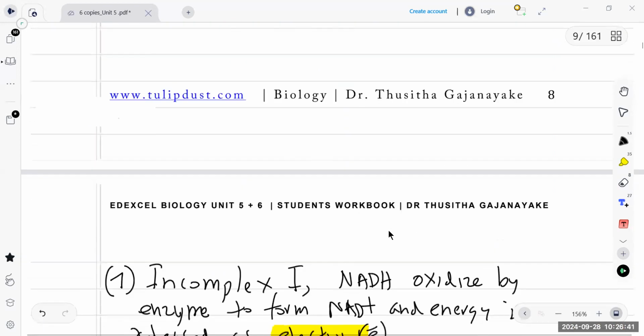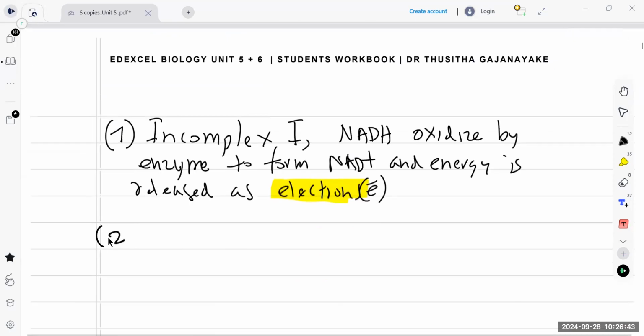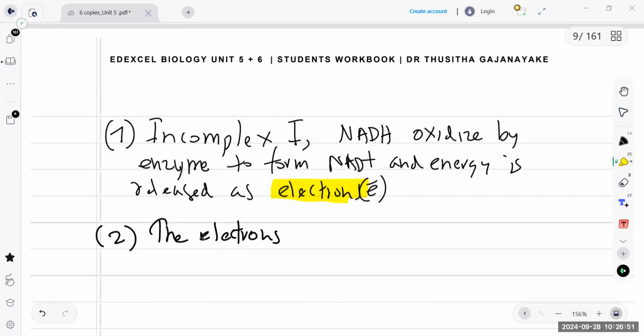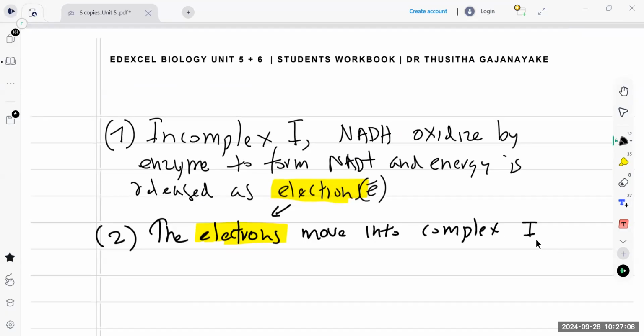Then we write the second point. The electrons move into complex 1, complex 3, and complex 4.